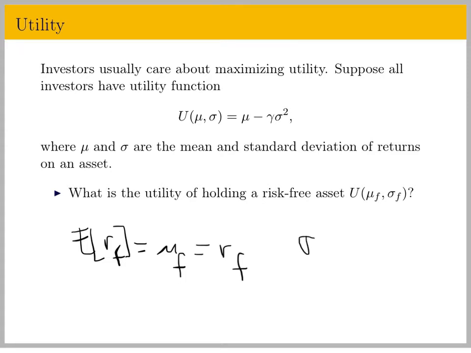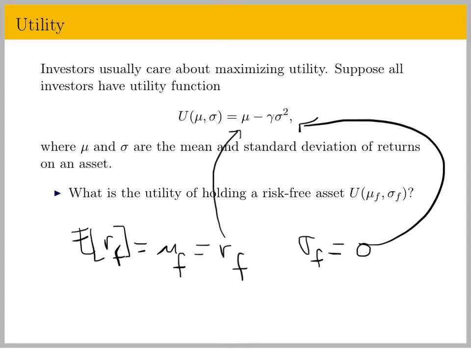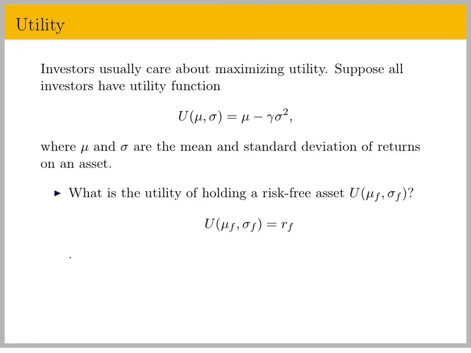Specifically, sigma sub f is equal to 0. So if we plug in 0 into the utility function, and mu sub f being r sub f, the result we get is the utility is simply equal to r sub f.